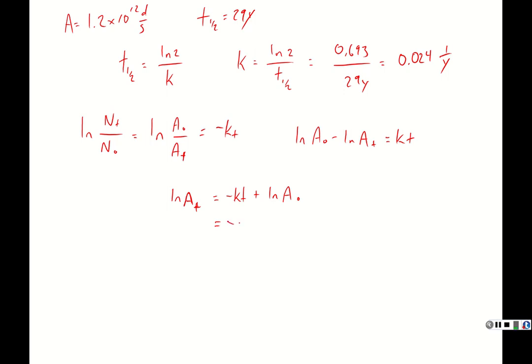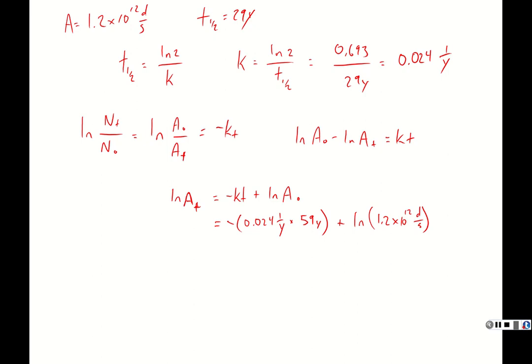So let's plug values in. Negative K, 0.024, 1 over years, times t, which would be at 59 years, plus ln of A naught, which would be 1.2 times 10 to the 12th disintegrations per second.